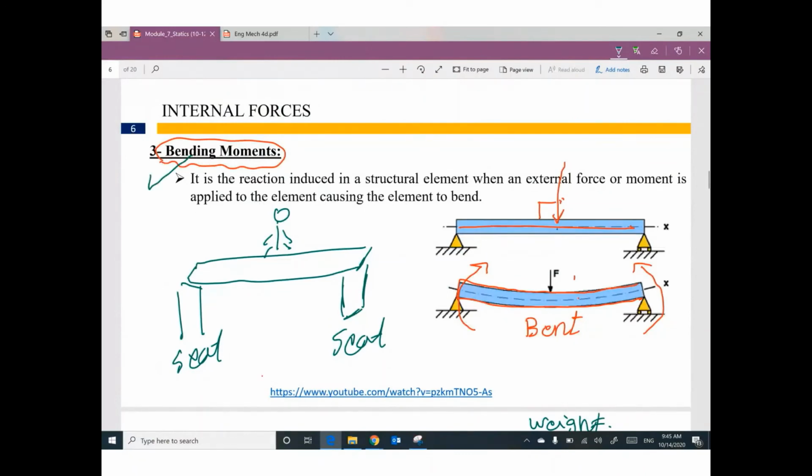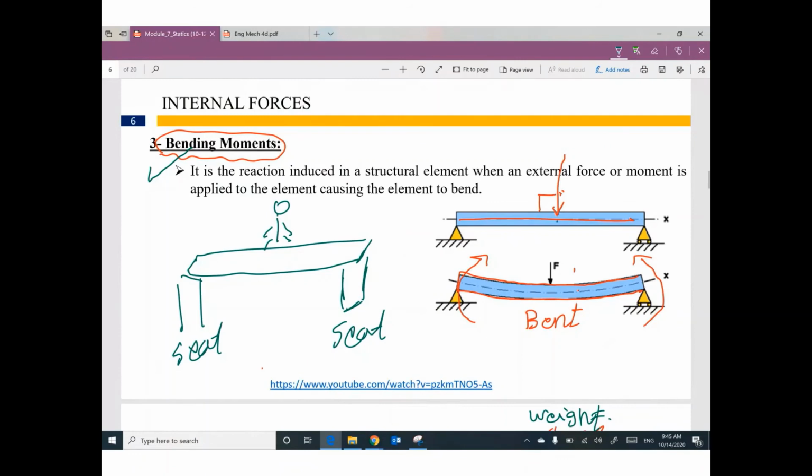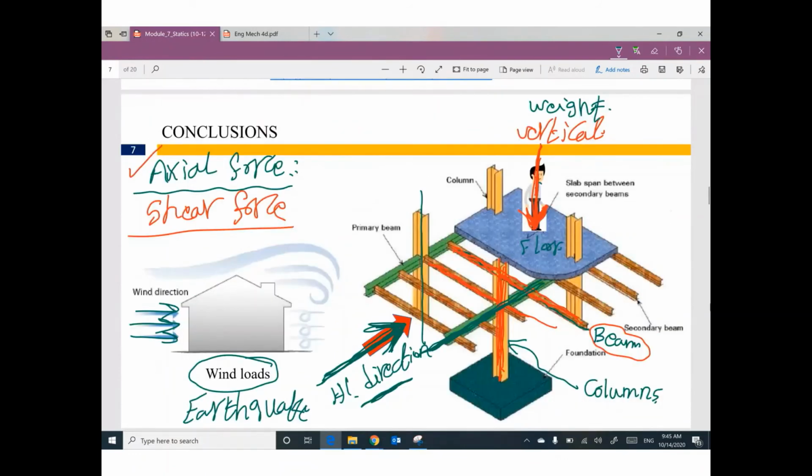You don't need to remember which one is making axial for the column or the beam or whatever. You need to remember you have a horizontal force. The member parallel to this force will be under the effect of axial. The member perpendicular to this force will be under shear and moment.